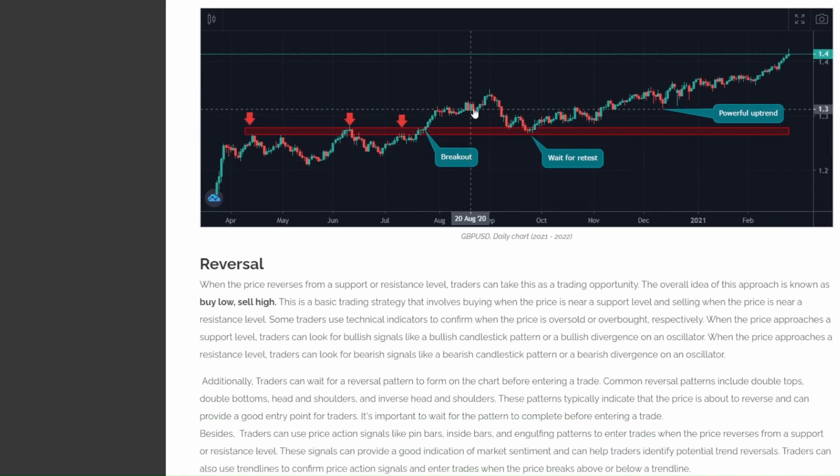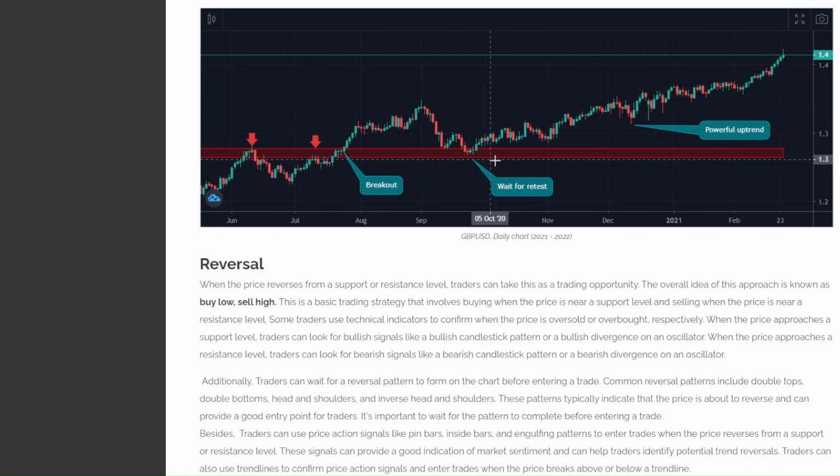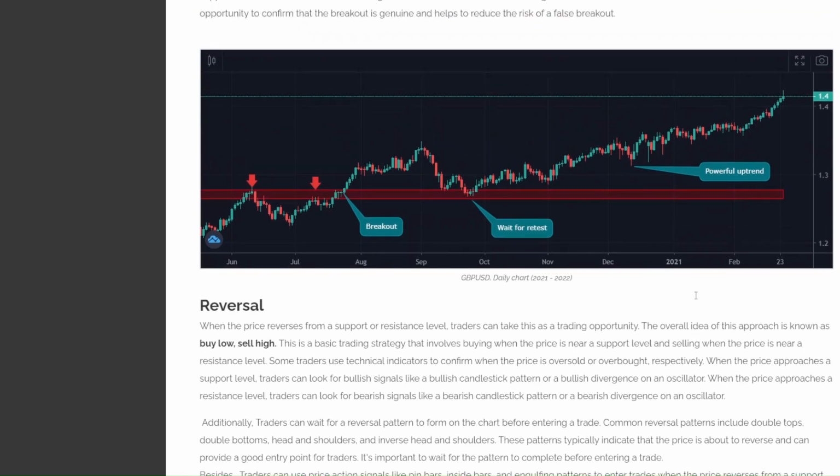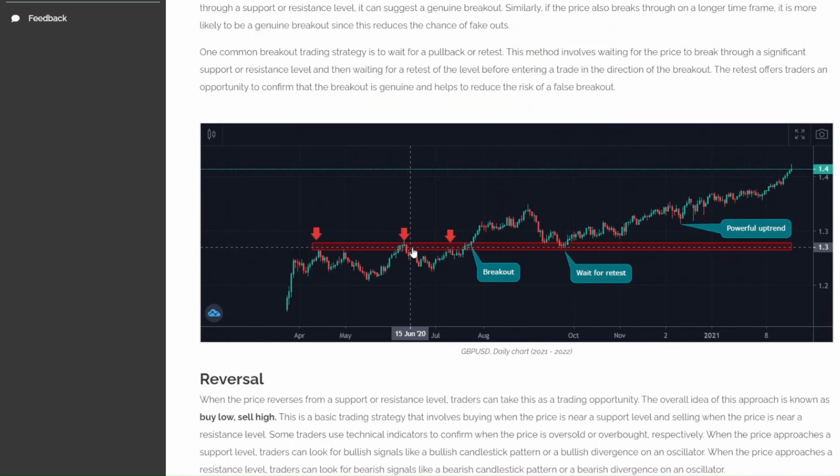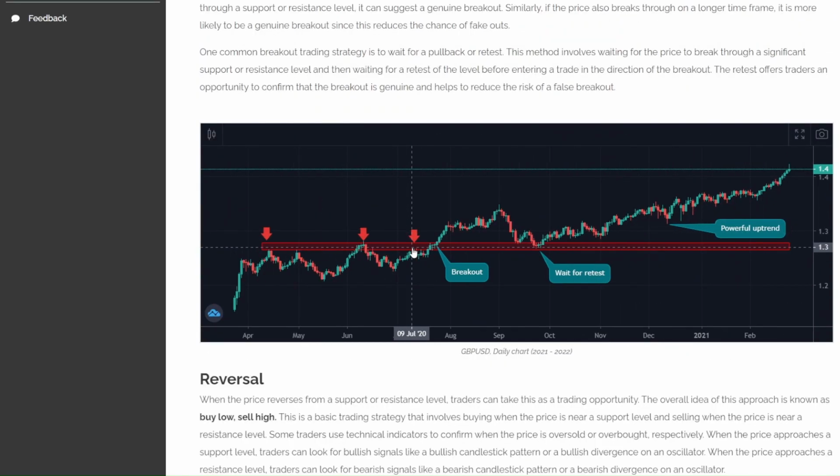But this is one of the strategies, waiting for the retest, and this is how traders usually utilize breakouts on a resistance or support zone. This was the resistance, but the vice versa situation on a support zone can also be the same thing.